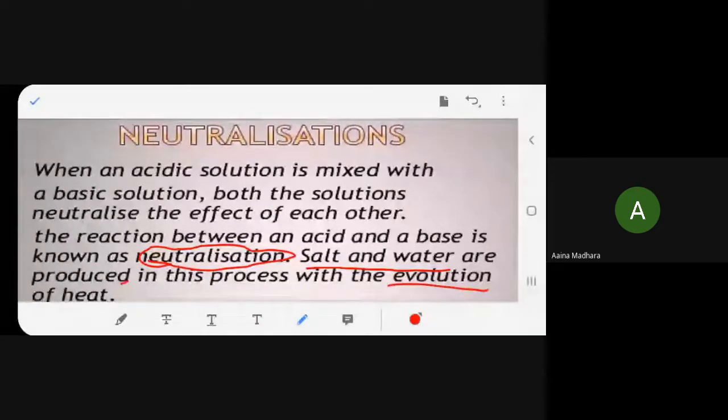So if you take a conical flask or a test tube and you are doing this neutralization reaction there, if you touch the test tube or the conical flask, you will find that it is warm. Do you get me? Is this clear, Peter? Yes, ma'am.